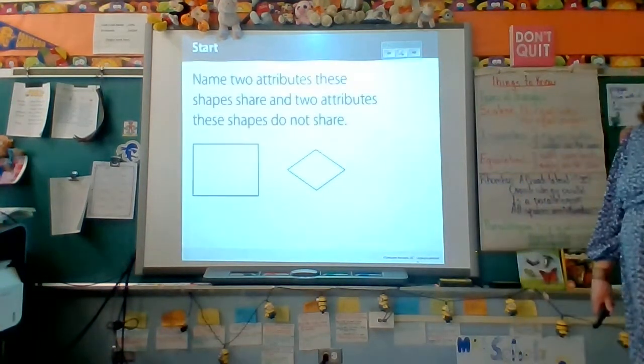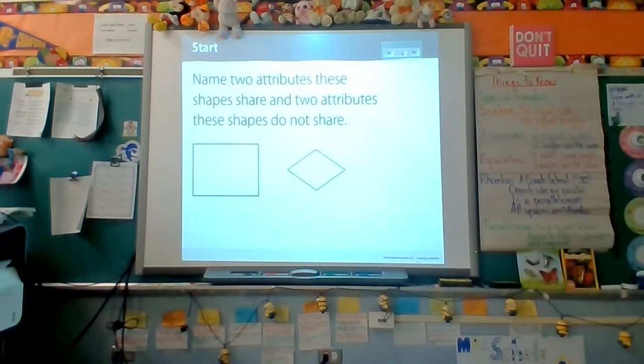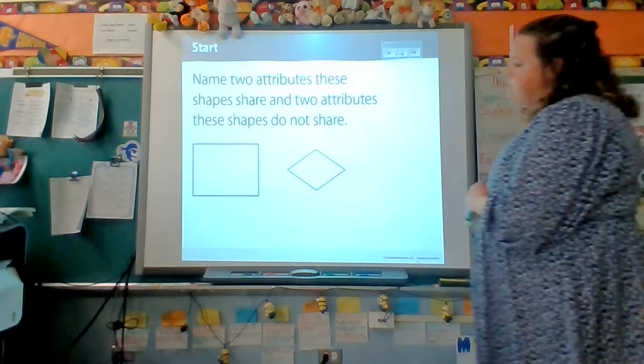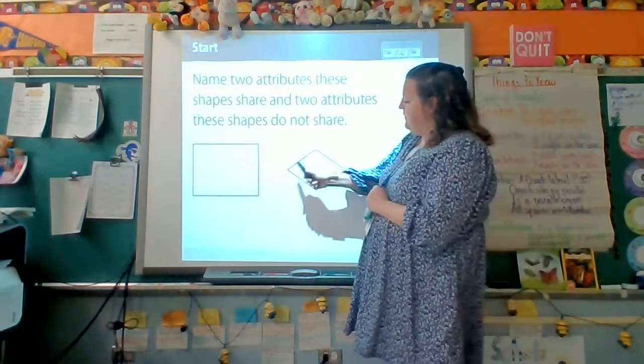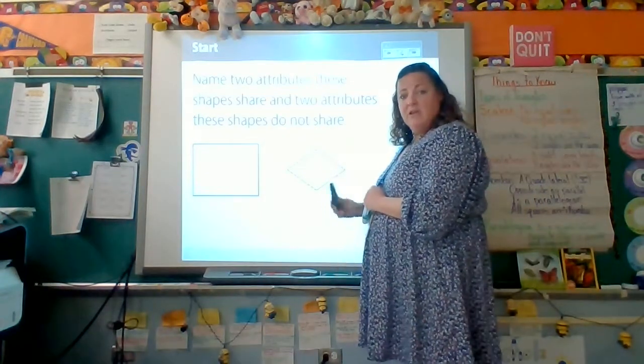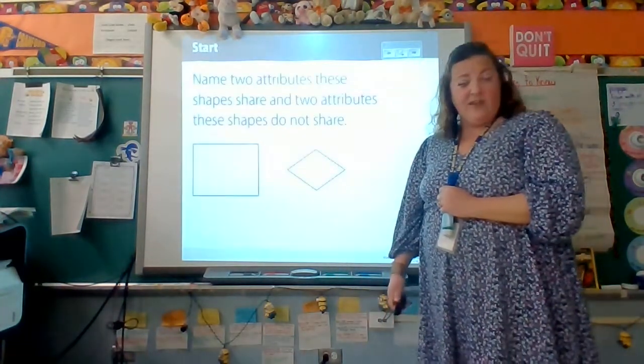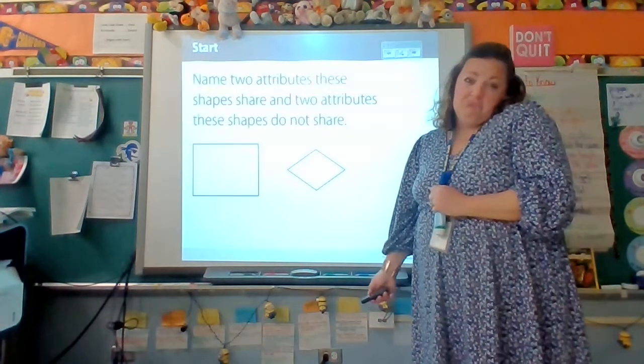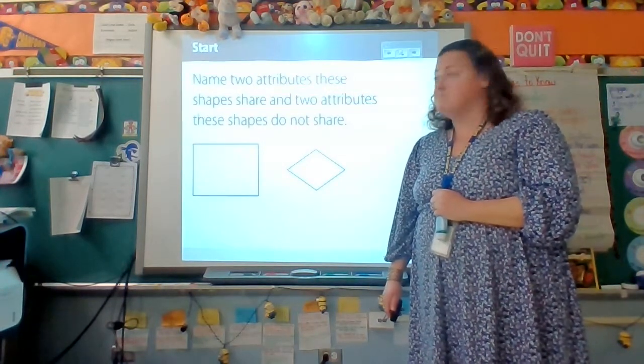So that's an attribute that they do not share. What else? Equal sides. Rectangles we know do not have equal sides, all four sides. So that could be something they don't have in common.